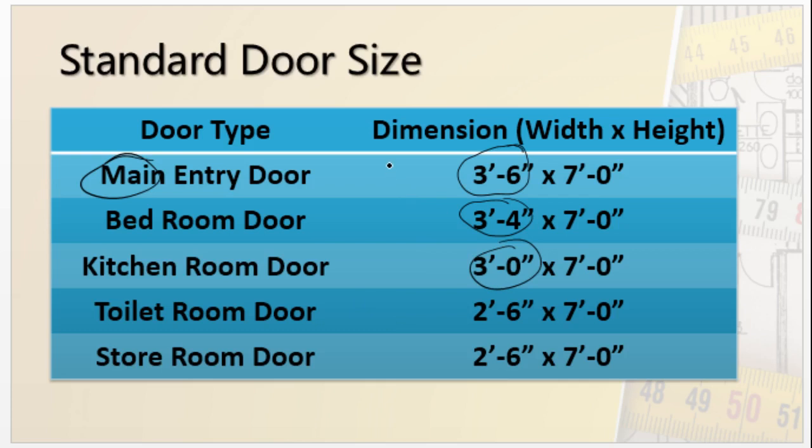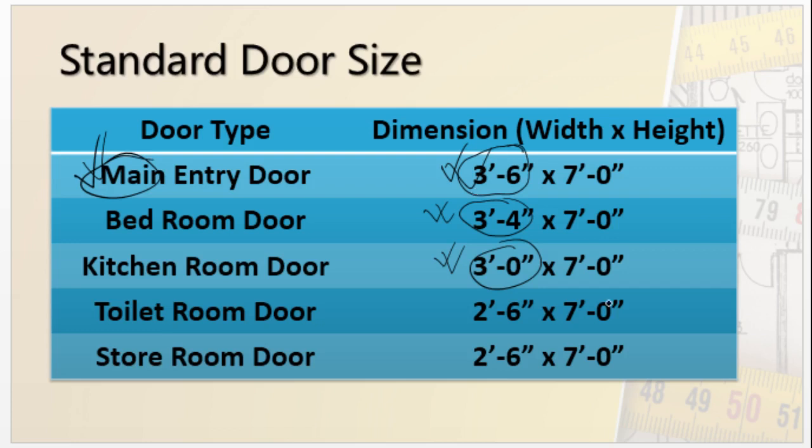This indicates that whatever appliances or anything you bring into your building, you have to make sure the main entry door can give access to those things. That's why it should be large enough. Then the bedroom and kitchen room will have widths based on our requirements, the width of different appliances or anything we use in our building.